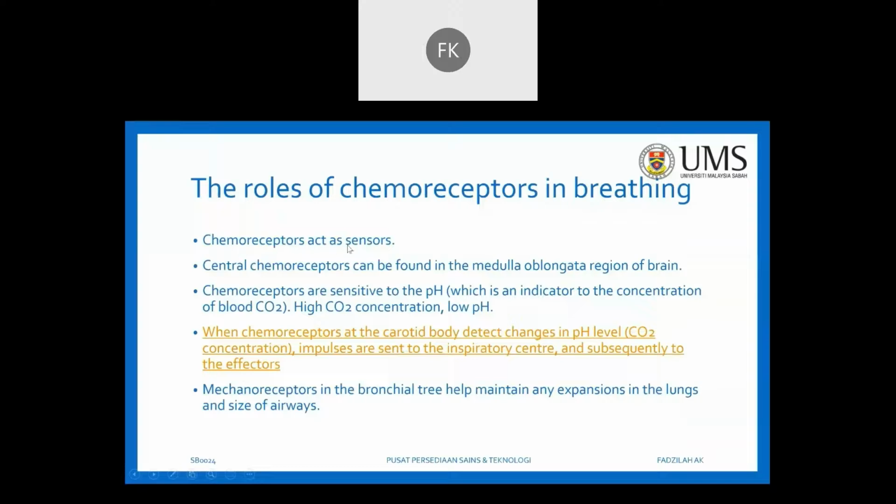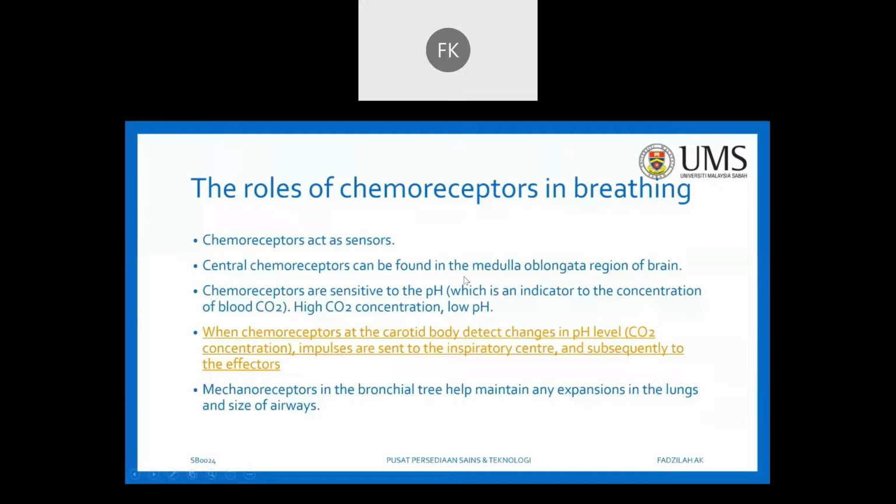Chemoreceptors act as sensors. The most important things to detect are the concentration of carbon dioxide and the pH level. Central chemoreceptors can be found in the medulla oblongata.